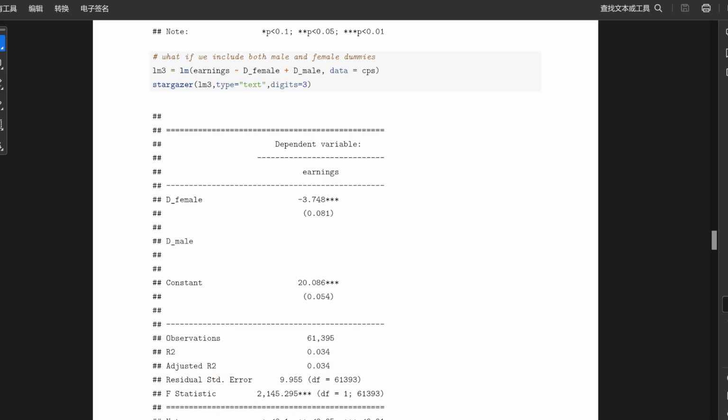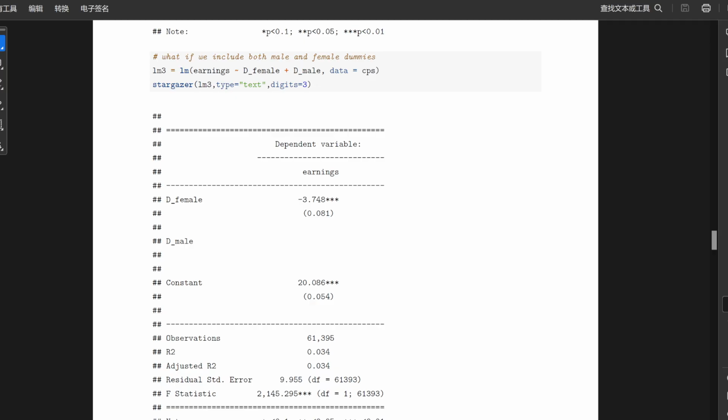And see what will happen if we include both male and female dummies. You regress earnings on both the dummy female and dummy male. And this will give you a similar result. We cannot see the coefficient for the dummy variable male.